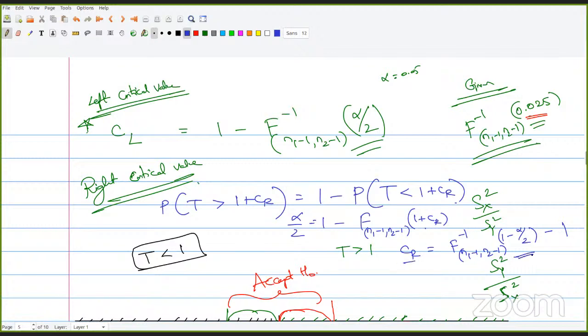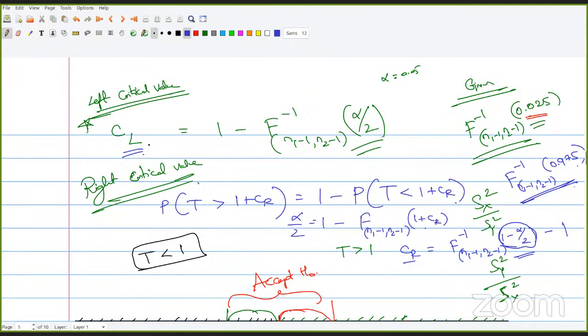Now you need to know this F inverse of 1 minus alpha by 2 value. If alpha is 0.05, then 1 minus alpha by 2 is 0.975.